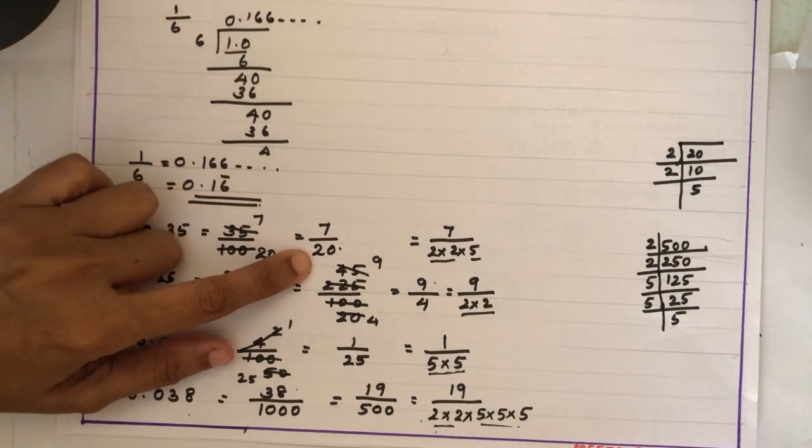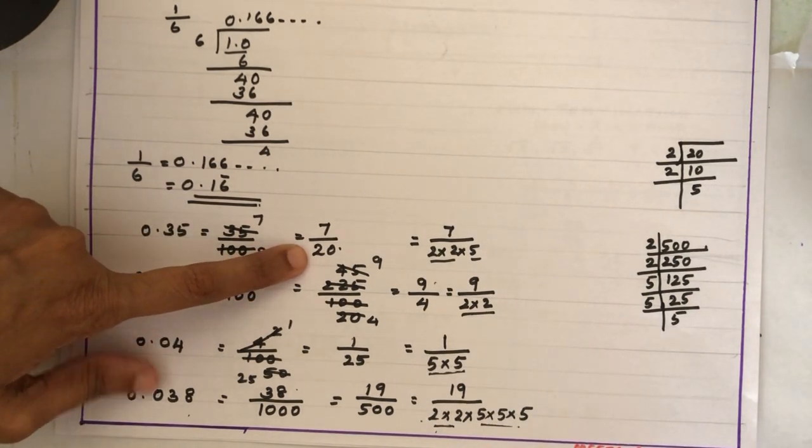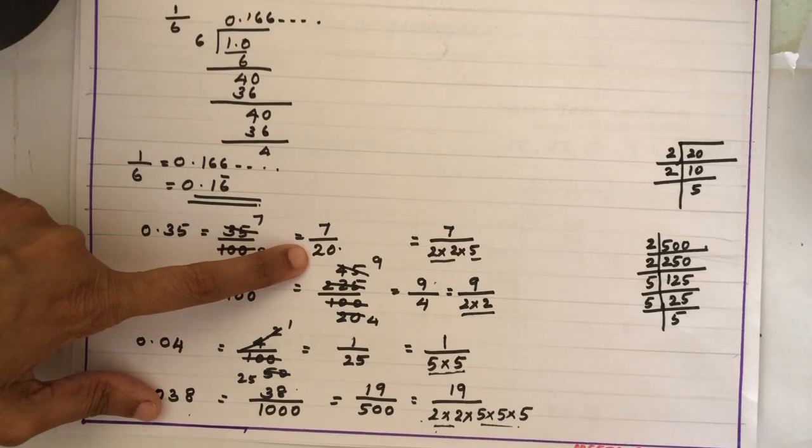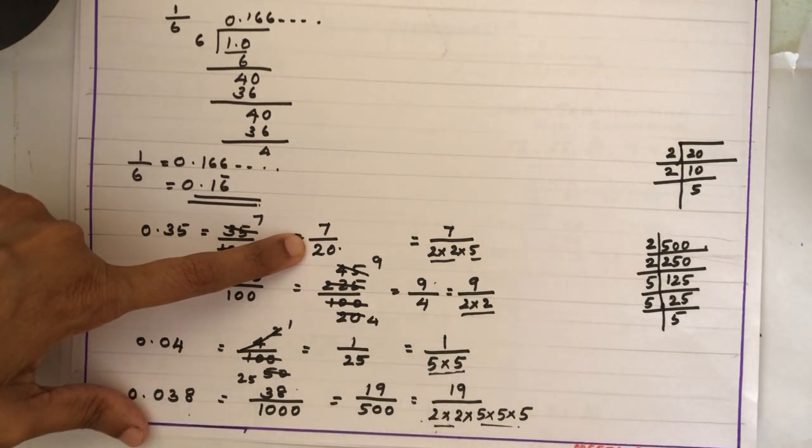The denominator of the rational form will have only 2 as prime factor, or only 5 as prime factor, or only 2 and 5 as prime factors. Okay children, so that is the next theorem.